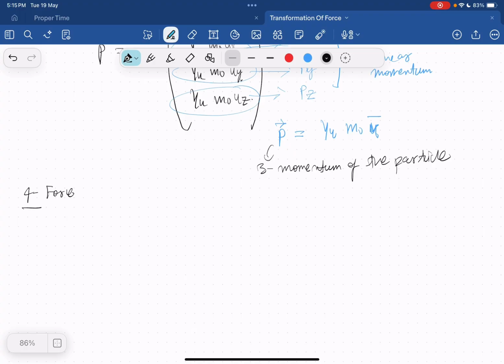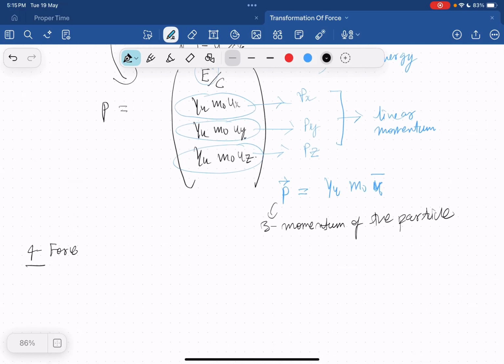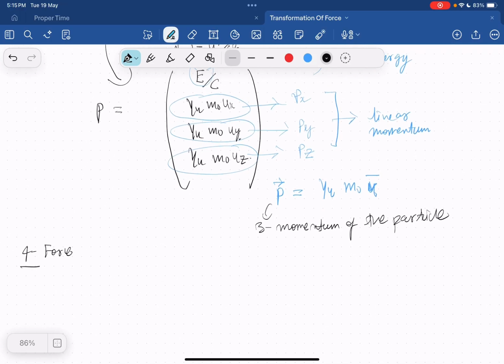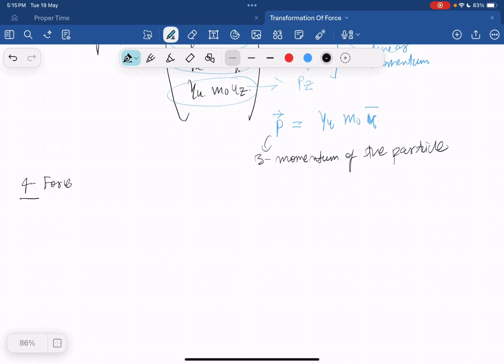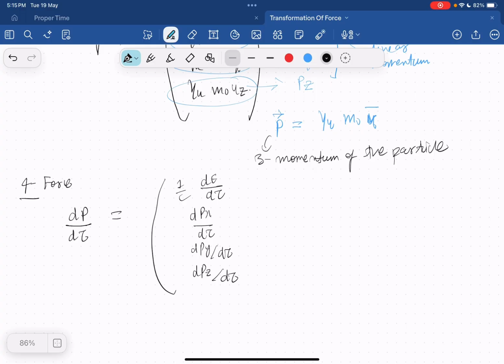We have this four momentum, and if we take the derivative of this four momentum with respect to proper time tau, then that becomes 1 by c dE by d tau, and dpx by d tau, dpy by d tau, dpz by d tau.